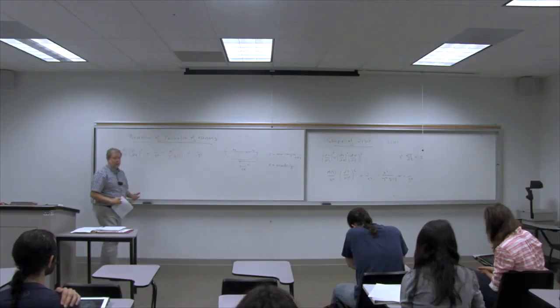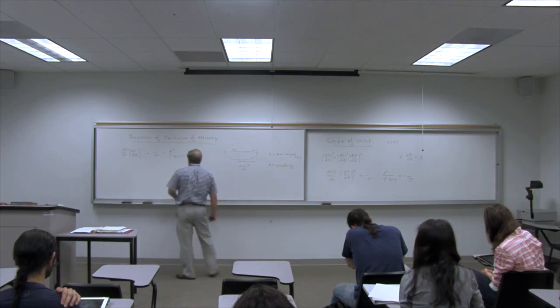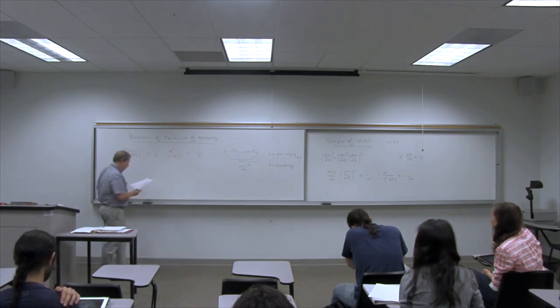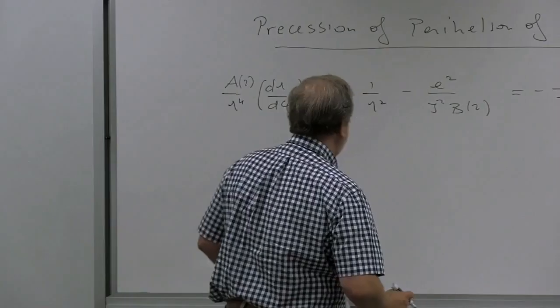So if the orbit is perfectly circular, then E is equal to 1. So in terms of those parameters, we can rewrite the final result, and we'll come to that in a moment.